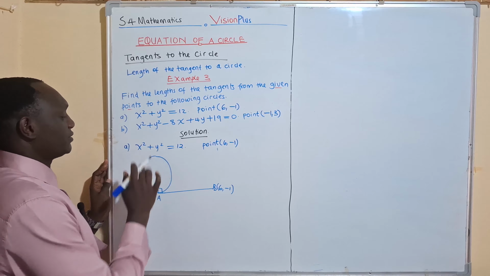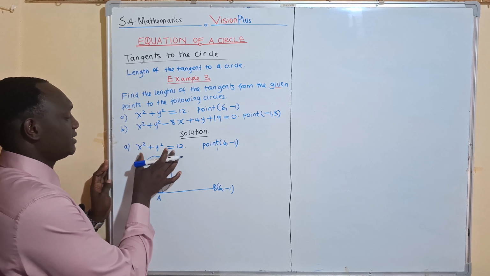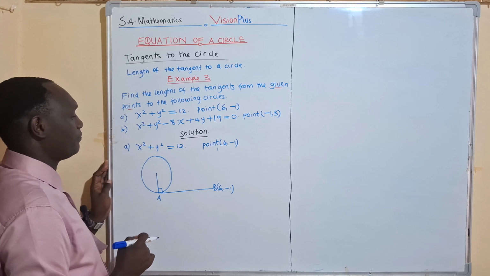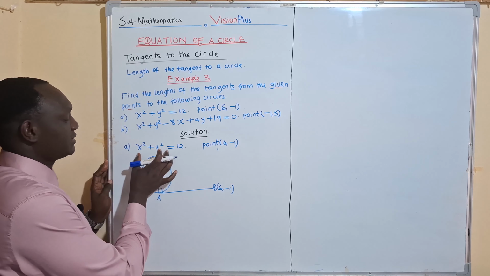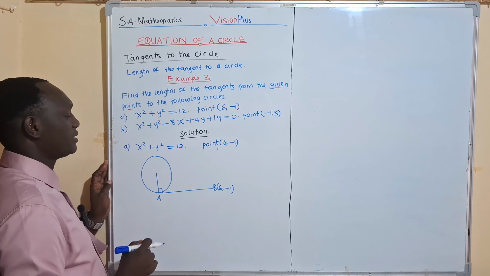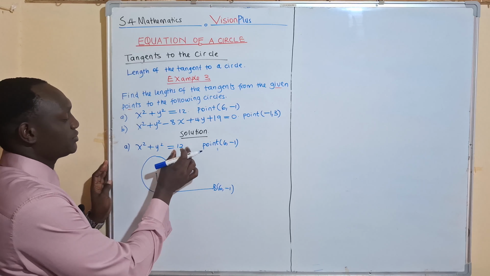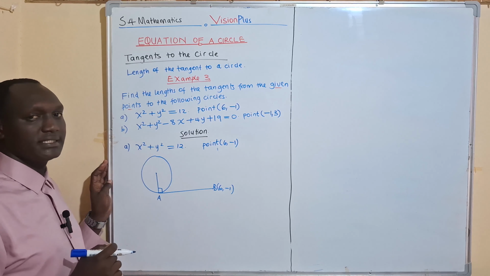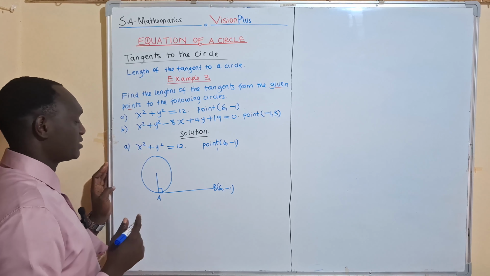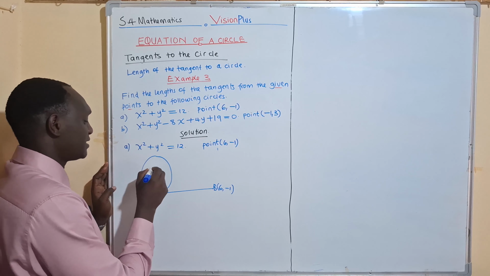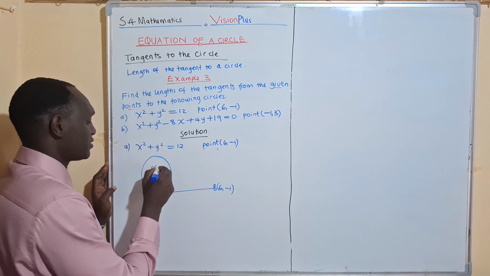If you look at this equation, it is in the factorized form, or if we shift this 12 to this side, it becomes the expanded form. But if you see x squared plus y squared, it means that the coordinates of the center are 0, 0.